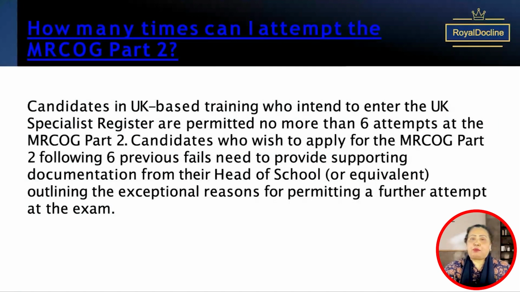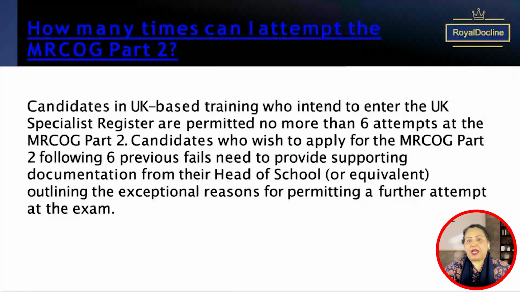Then comes an important question: how many times can a candidate attempt the MRCOG Part 2 exam? They have said that candidates who are based in the UK, trained over there, and intend to enter the specialist register in the UK are permitted not more than 6 attempts at the MRCOG Part 2.